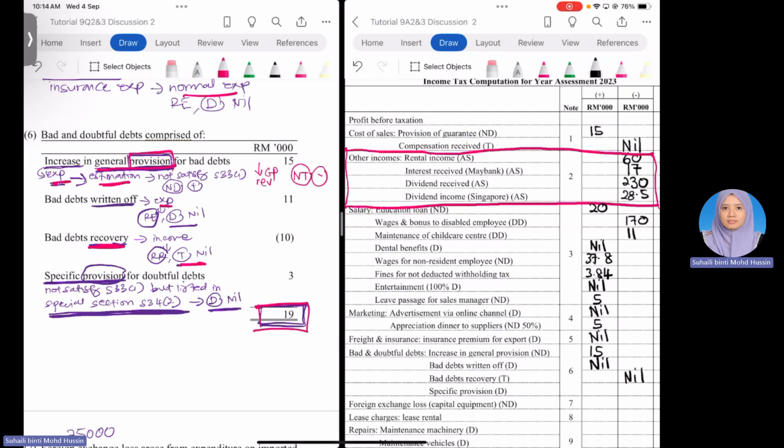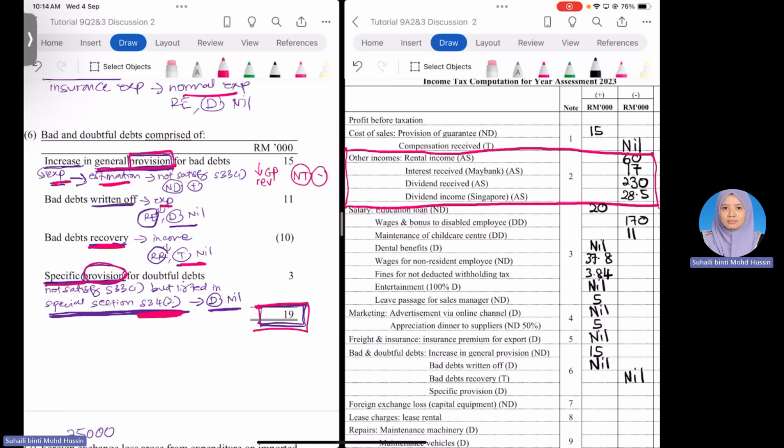Debt recovery done. Another one, we have specific provision. Before this, I said that when we see the word provision, we know that it does not satisfy section 33 subsection 1 because it is only an estimated amount. But the specific provision is listed under a specific section, section 34 subsection 2.